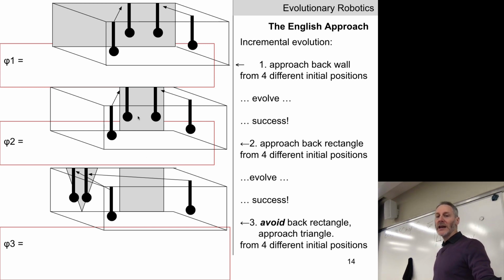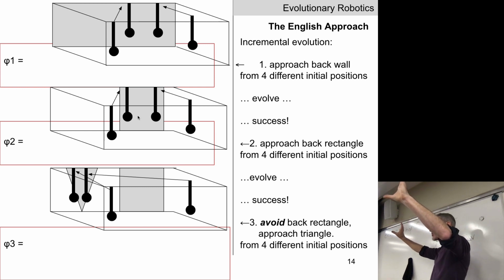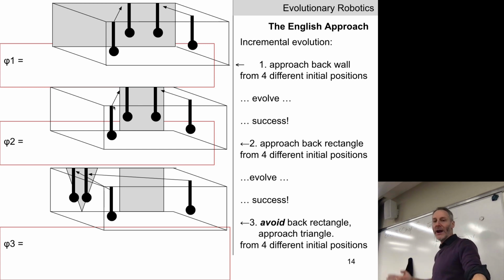Finally, once the gantry robot evolved a set of 23 numbers that, when downloaded onto the gantry robot, would always drive towards the back rectangle, no matter where it was placed underneath the back part of the table. So far, so good? Okay.